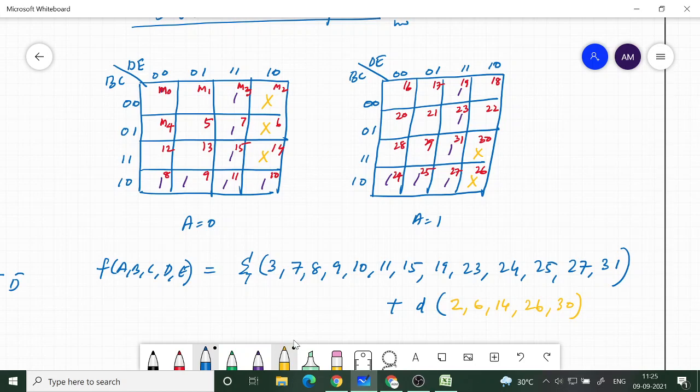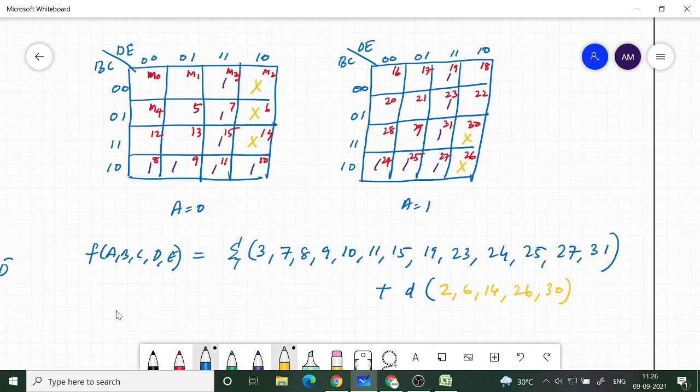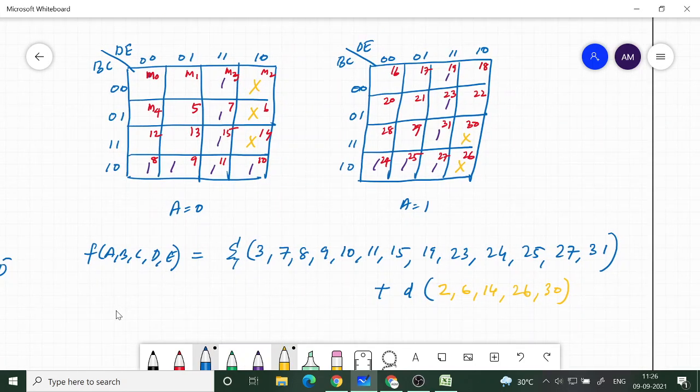Now the question is, what is the simplified expression? All the data is given. We have put them in the K-map, and now we need to group and write the expression. So you need to know the nearest neighbors here.